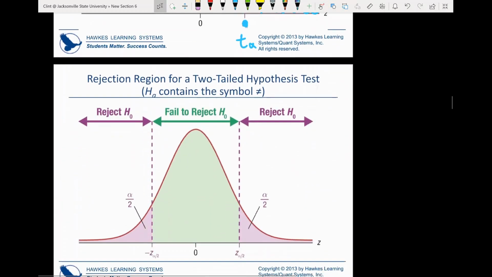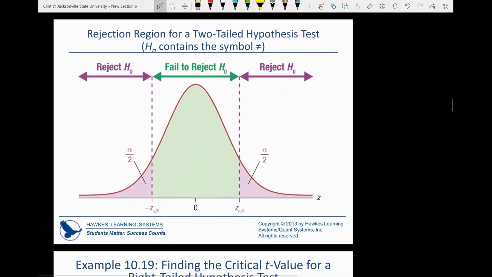And if we're doing a two-tailed test, okay, we're going to have two critical values. And if our test statistic falls in either tail, so if it falls over here or if it falls over here, then we reject the null hypothesis. So that's what that one with the absolute value was saying too. It was just a little, to me, a little more confusing written with the absolute value.